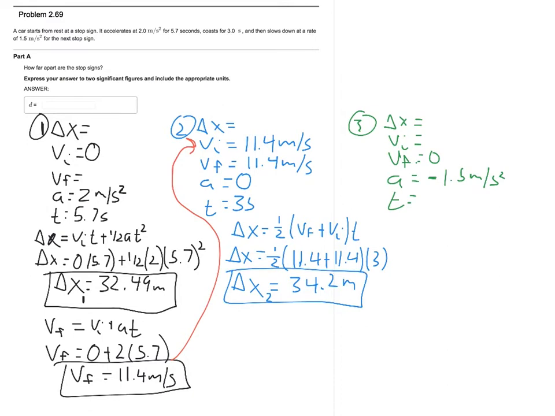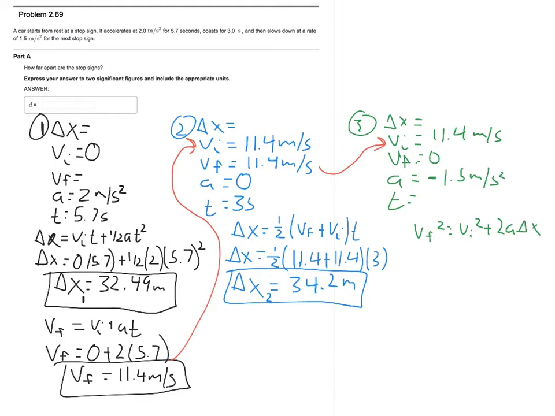Moving on to my last one, I know that the final velocity for the second to last one becomes the initial velocity for the last one, right? At the end of that constant interval, I'm still traveling at 11.4 meters per second. And so the initial velocity when I begin to slow down is 11.4 meters per second. And now I'm going to be able to solve for displacement.